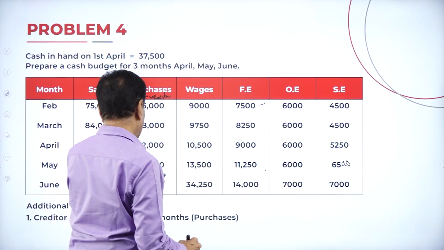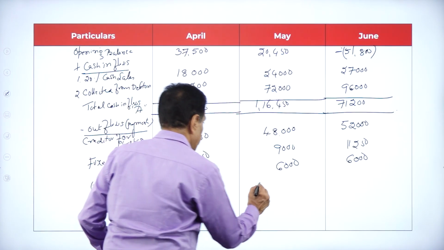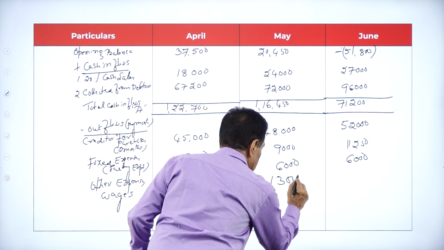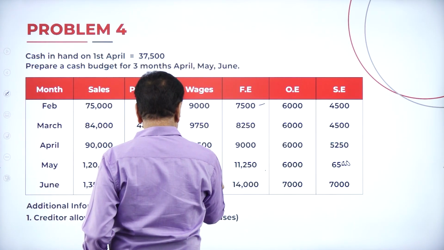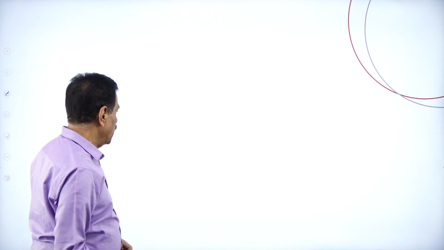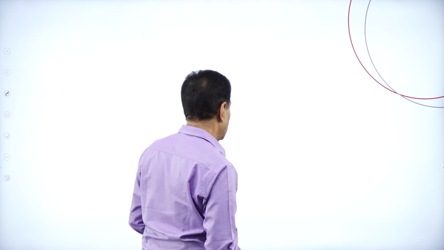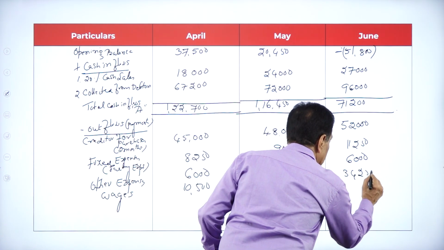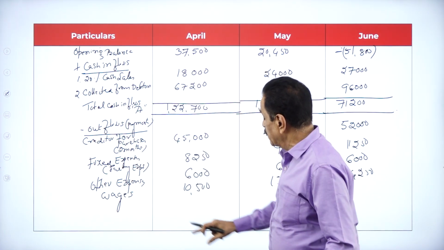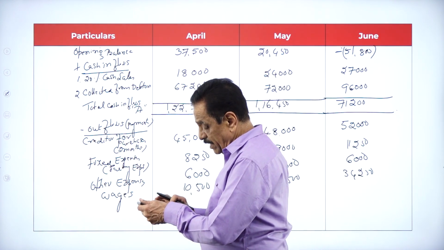May, April 13,500. June, wages 13,500. Last month, 34,250. We'll add the figure. This is left out here. Wages, so 45,000.